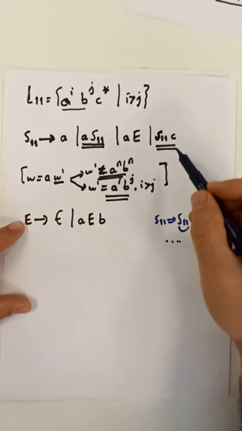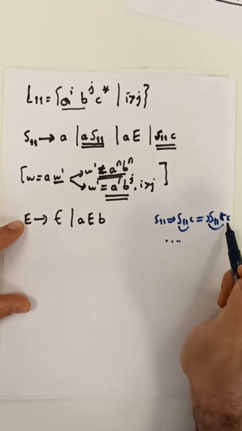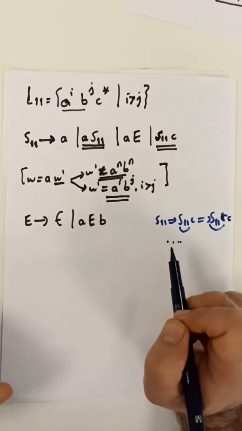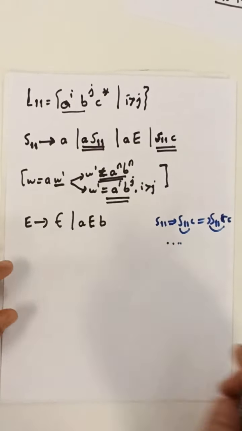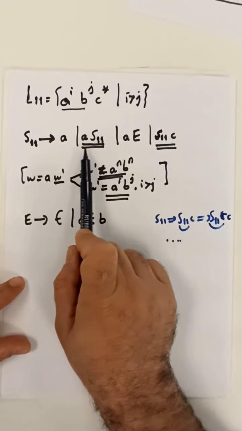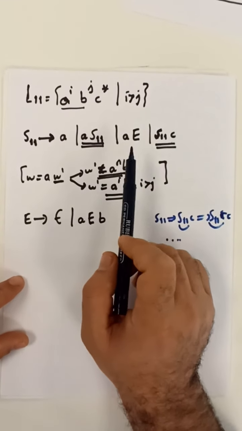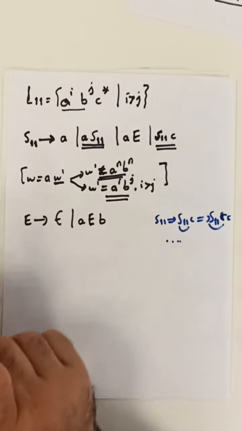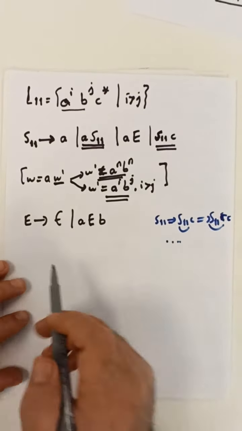So with this rule, I will be able to have as many C's at the end of A to the I, B to the J as I want. Okay, so all these four rules together give rise to my grammar that generates all strings in this language L11.